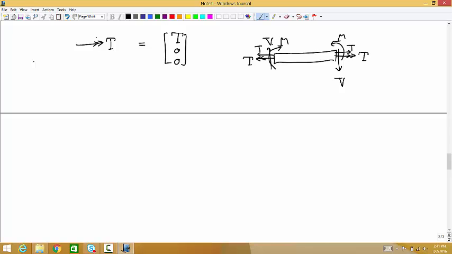This tension T, that vector would be negative T, 0. This V would be 0, negative V. This V would be 0, positive V. This M would be positive. This M would be negative. This T would be positive, and this T would be negative.